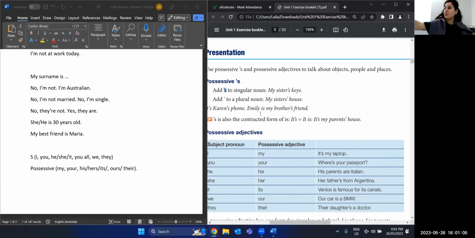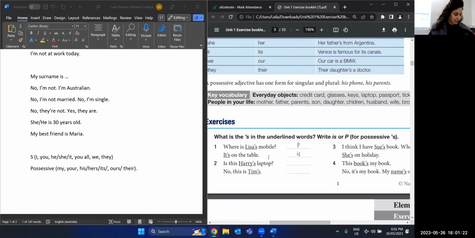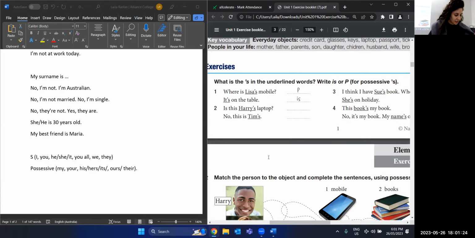So I say, that's Roxana's book. No, that's Bruno's pen. It means the pen belongs to Bruno. Okay, so we can go to the exercise. So where is Lisa's mobile?